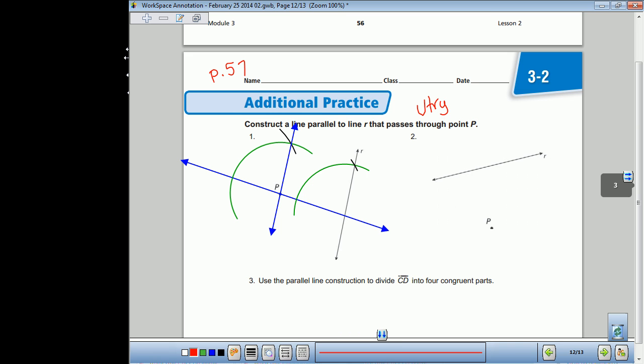Okay, you don't do it from this point, you do it from that. No, P goes like this. P goes like that.